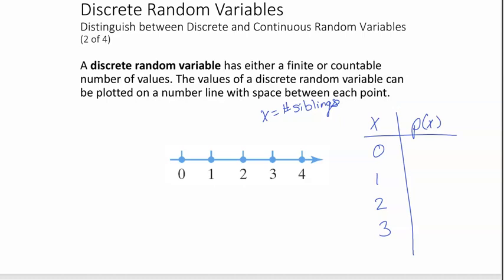So we could create a table associated with that, and find the probabilities associated with each. Maybe we asked a total of 20 people how many siblings they had. Maybe 5 of those 20 have 0 siblings, 7 of those 20 have 1 sibling, 6 out of 20 have 2 siblings, and 3 out of the 20 have 3 siblings.